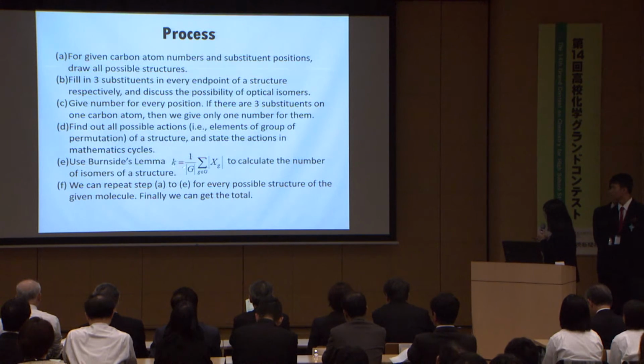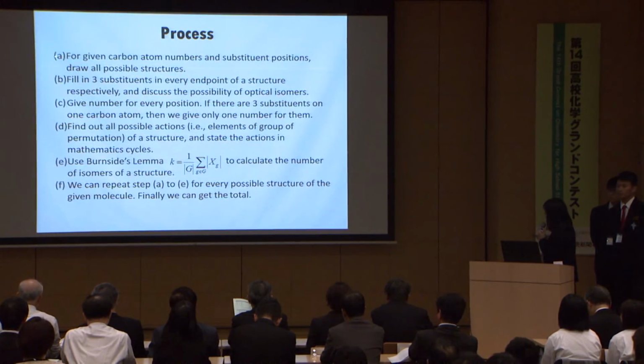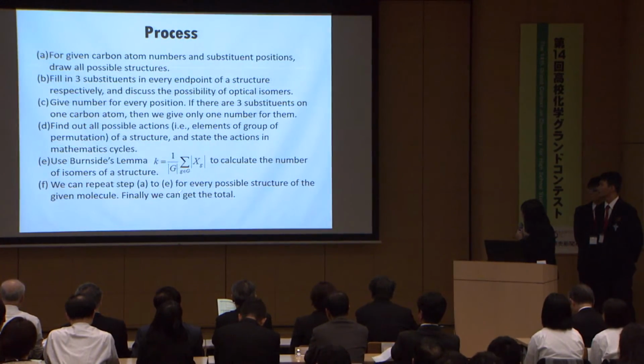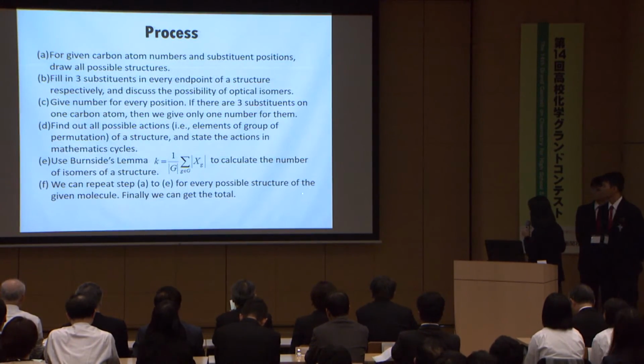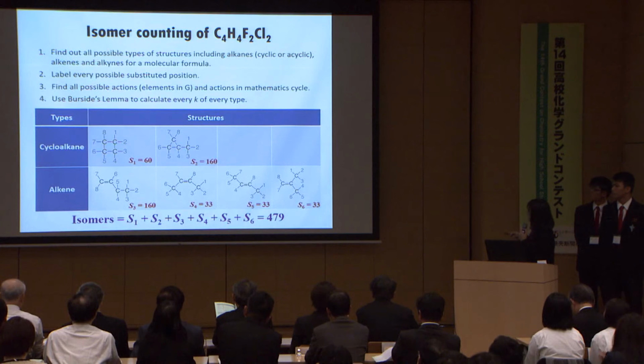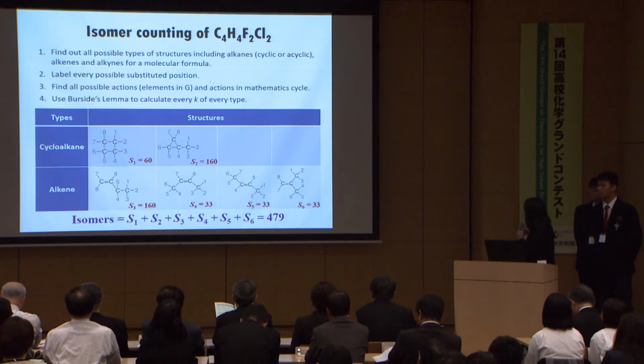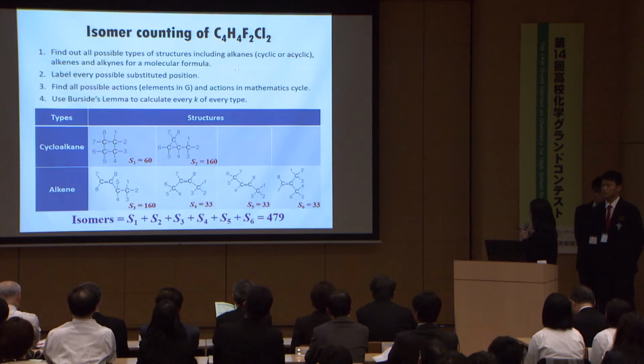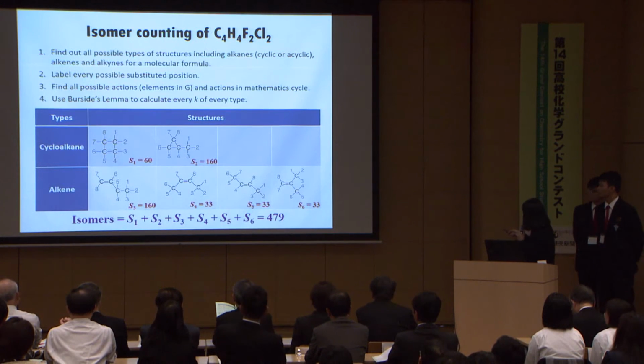E, use Burnside's lemma to calculate the number of isomers of a structure. F, we repeat steps A to E for every possible structure of the given molecule. Finally, we can get the total. So, for example, we take this molecule C4H4F2CO2, and you can sum every structure to get the total isomers of that molecule.